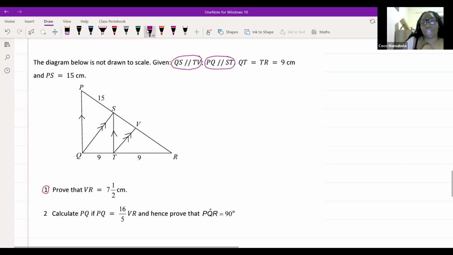They've given us parallel lines, so let's start with the big triangle. I'm going to say in triangle PQR, I can say that PS is equal to SR, which is equal to 15 centimeters.